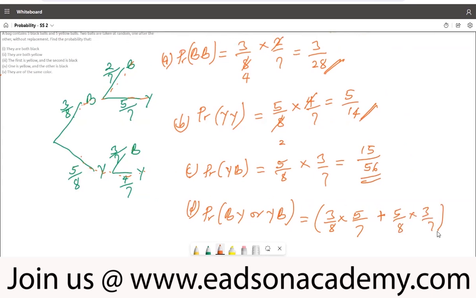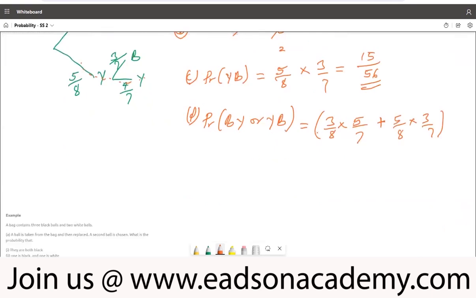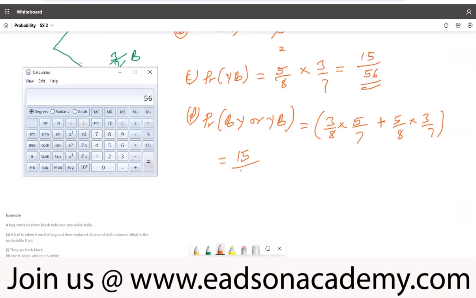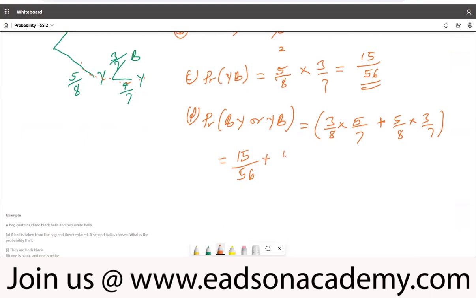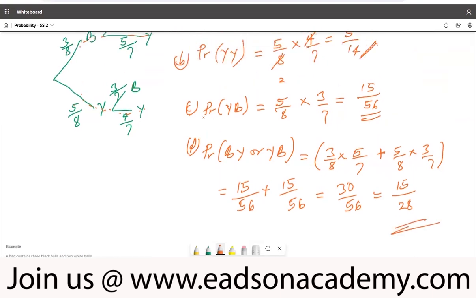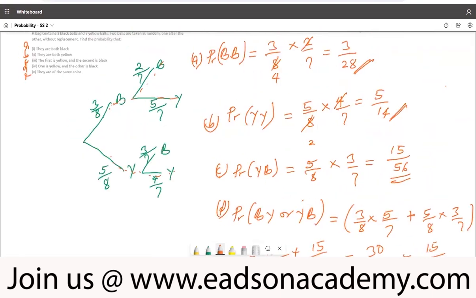So this will be 3 times 5 is 15, 15 over 8 times 7, 56, plus 15 over 56 again, which is 30 over 56. 2 in 30, 15. 2 in here is 28. So 15 over 28.